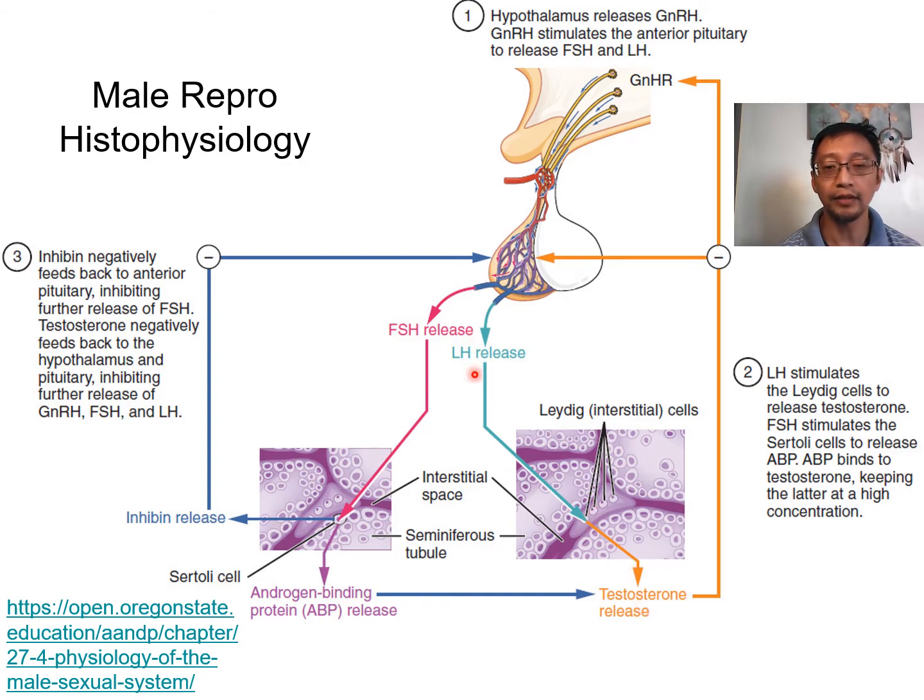The luteinizing hormone produced from your anterior pituitary will influence testosterone production of the Leydig cells. Testosterone will also give a negative feedback to the pituitary from producing further luteinizing hormone, while the Sertoli cell will produce inhibin to give a negative feedback to your anterior pituitary from further FSH production.